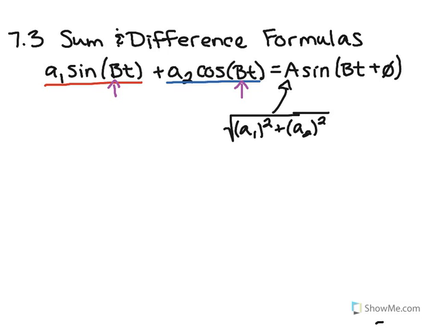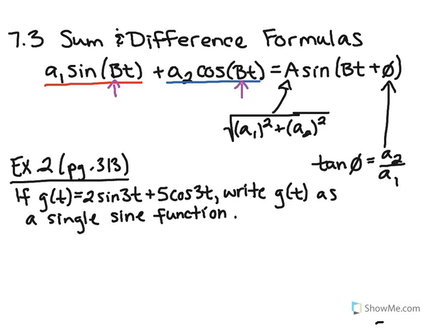So that's how we come to get the capital A. And in order to find this horizontal shift, our phi, we're going to follow tangent phi equals a2 over a1. And this, of course, is going to help us practice our inverse trig as well, because once again we have an unknown phi value. So let's take a look at an example.